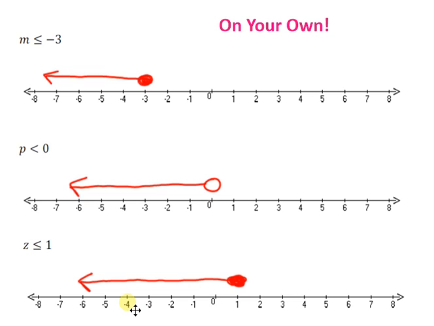If you are done, let's go over it. So for the first one, it should be a closed circle on the -3 pointing to the left. The second one, an open circle on the 0 pointing to the left. And on the third one, a closed circle on the +1 pointing to the left.